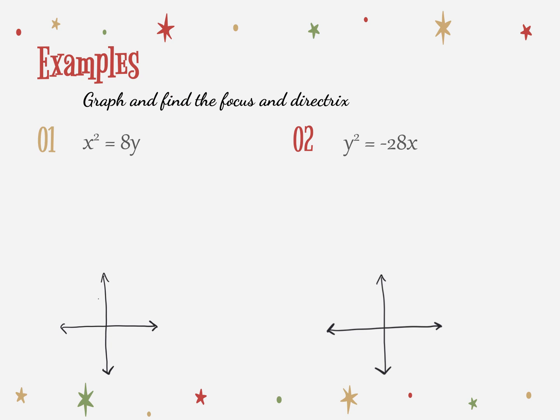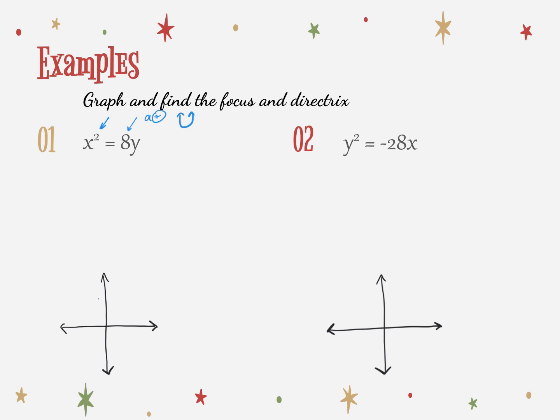So when I come to this problem, first of all, I'm going to notice that it's an x squared. And I know that this is 1 over a, or it's my 4p. So I know that my a is positive, which means my graph is going to open like this. So I have the general idea of what my graph is going to look like.